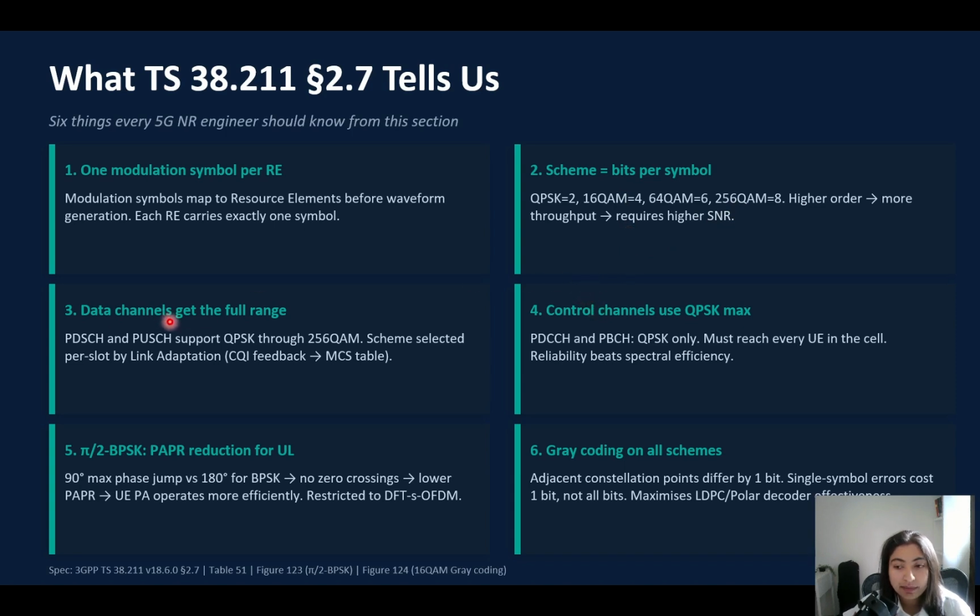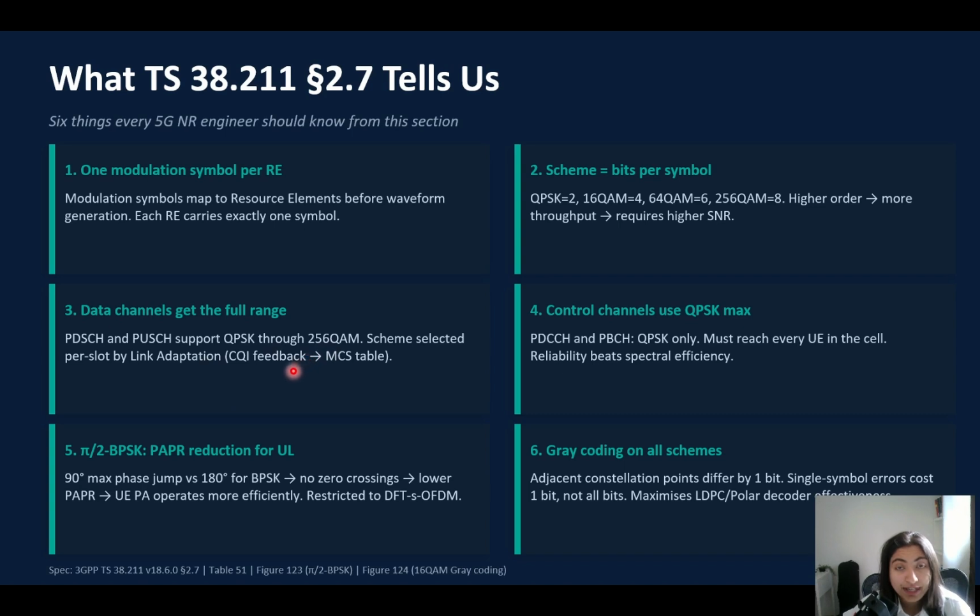Number 3. PDSCH and PUSCH, the data channels, get the full range of modulation schemes. They get QPSK up to 256 QAM, and 1024 QAM in 6G if possible. They are the scheduled channels. They are assigned to UEs whose channel quality is already known.